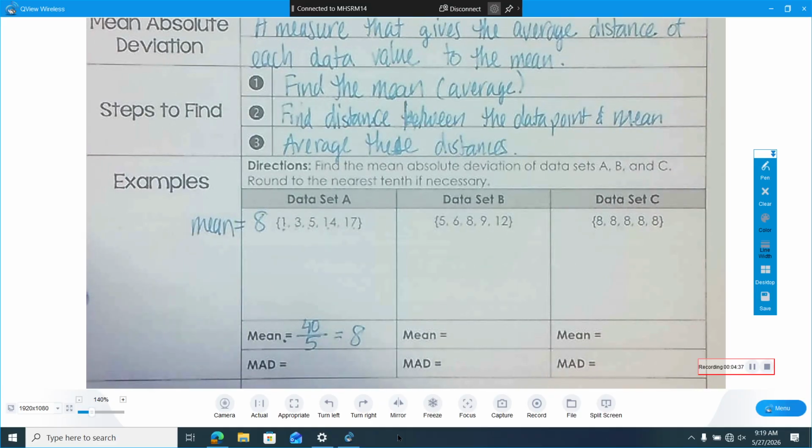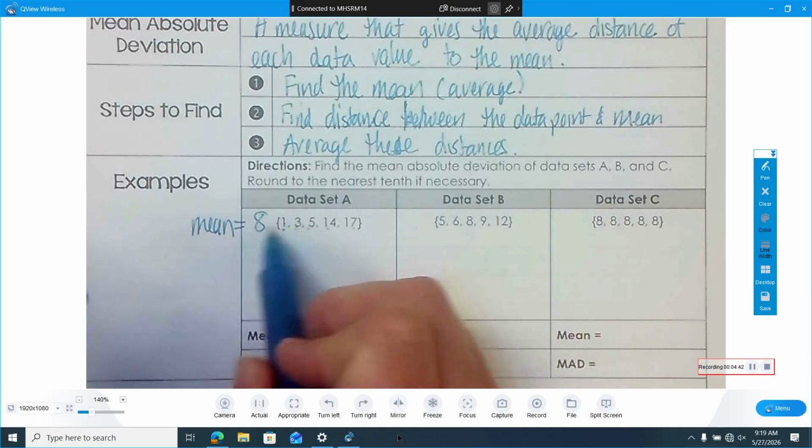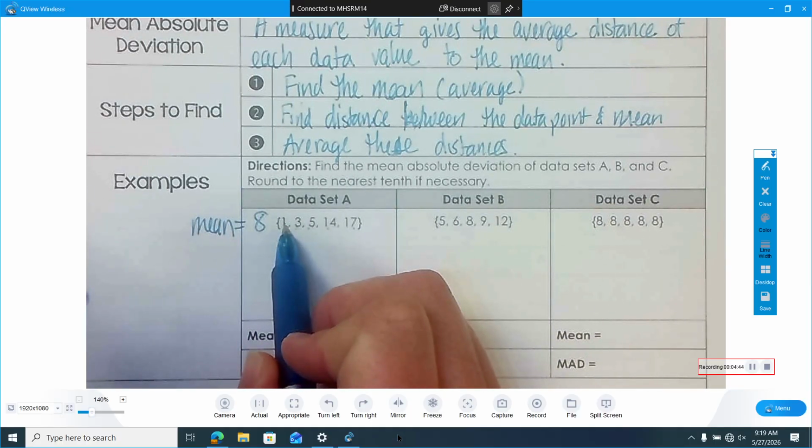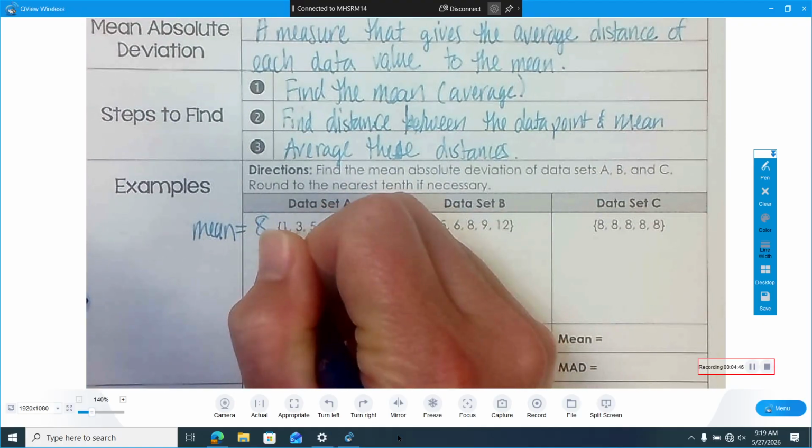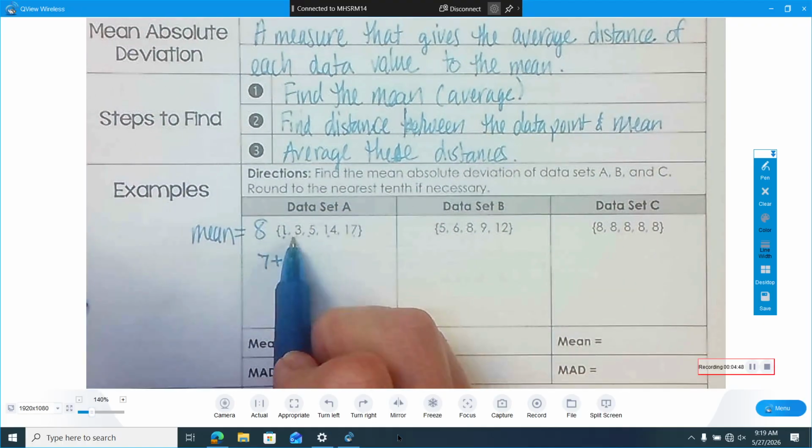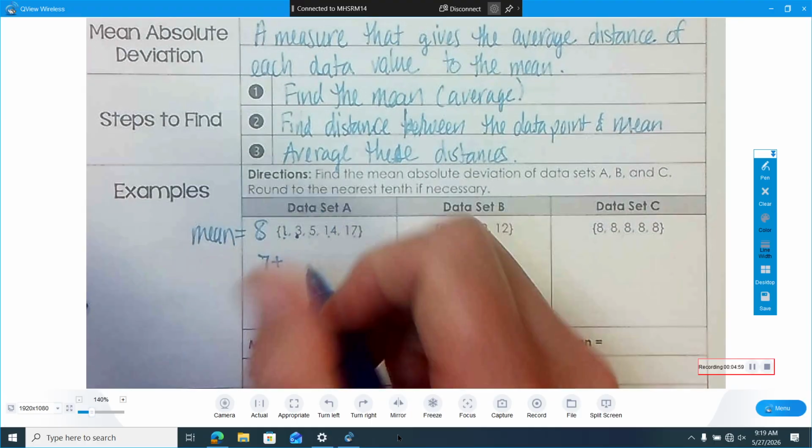How'd you get 7? You subtracted. Yep, that's all we have to do. We're going to subtract. What is 8 minus 1? 7. Good. So I'm going to take the 7. And I need to use my next data point. What's the distance between 8 and 3? 5. How do we get 5? Subtract. It's just 8 minus 3. We get 5.